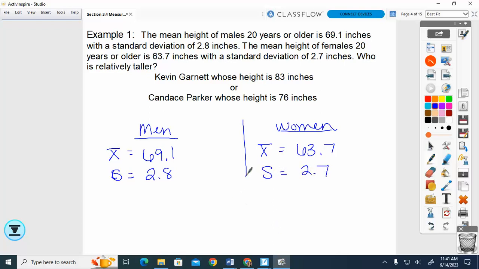So what we're going to do is find the z for each of those. So my x is my particular value. So for the man, we had a height of 83.